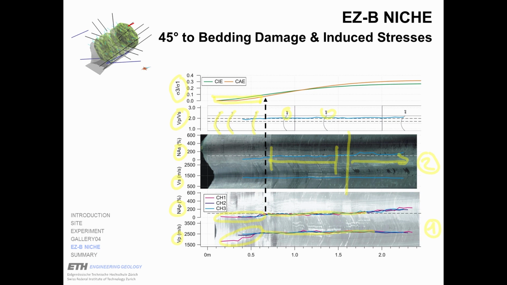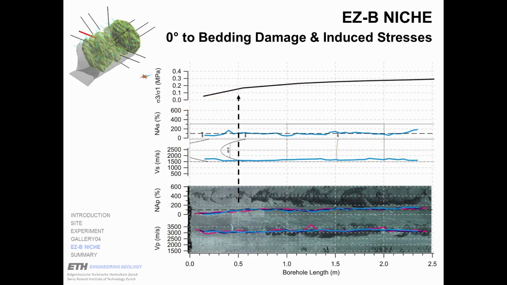And then we get, let's say, into the more or less undisturbed formation, where we still have the initial stress conditions because the rock mass has not been weakened, and the response to these high stresses is damage of the borehole walls. So we can see similar patterns in other boreholes.